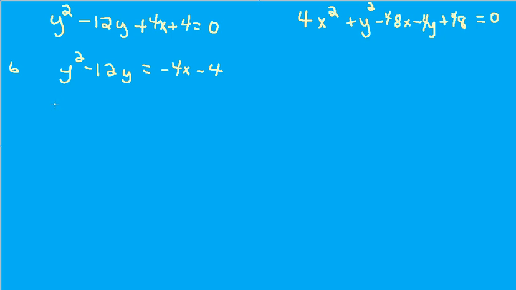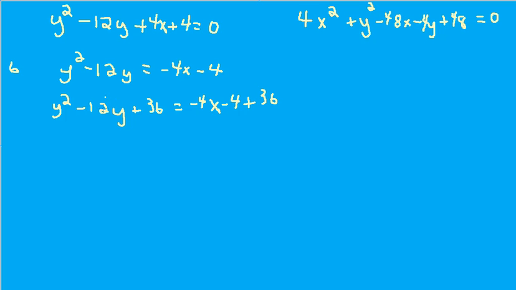So on the left side, I'm going to have y squared minus 12y plus 36. I'm adding 36 on this side, so what do you think I got to do to the other side? You got to add 36 as well. So negative 4x minus 4 plus 36 to keep it balanced.